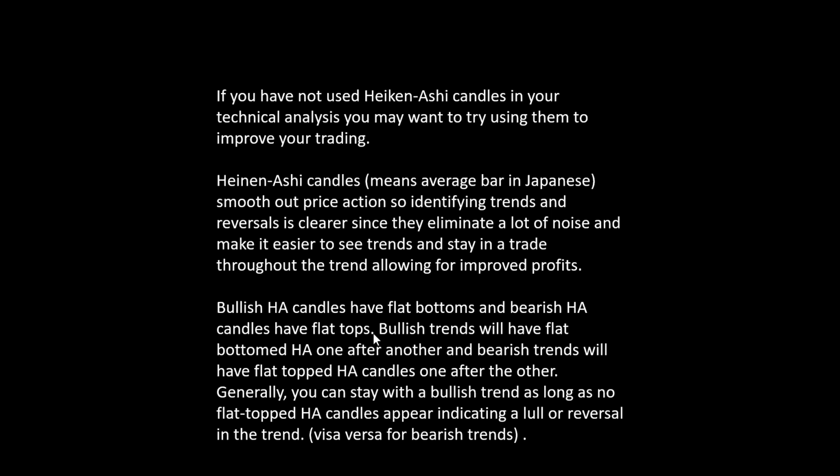So you're going to be looking at a red candle with a flat top, several of them, that's bearish. And if you've got flat bottoms on the candles and they're green, those are going to be bullish Heiken-Ashi candles. Bullish trends will have flat bottom Heiken-Ashi candles one after another, and bearish trends will have flat top candles one after another.